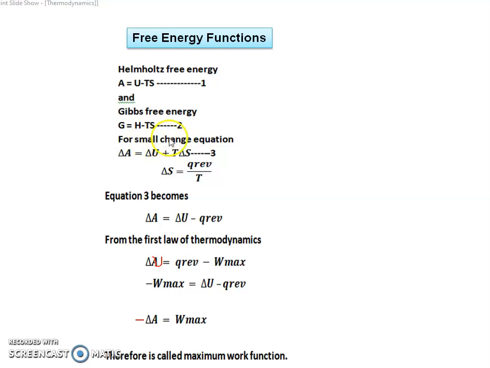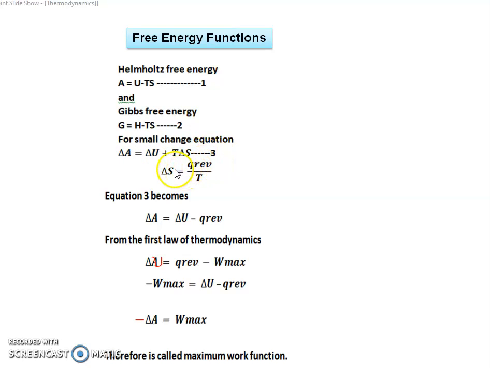For a small change, equation 1 becomes delta A is equal to delta U minus T delta S, equation 3.